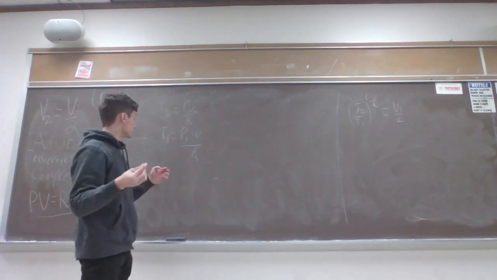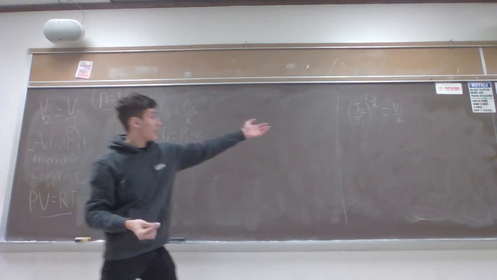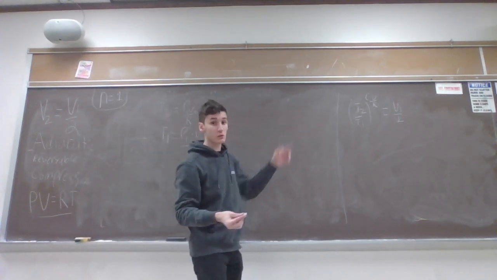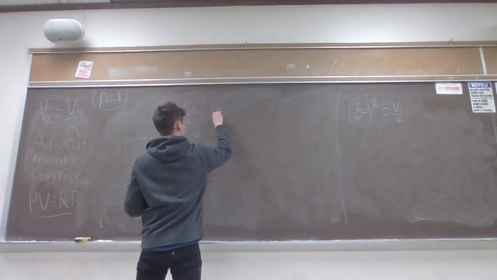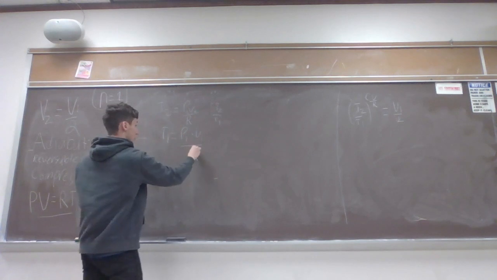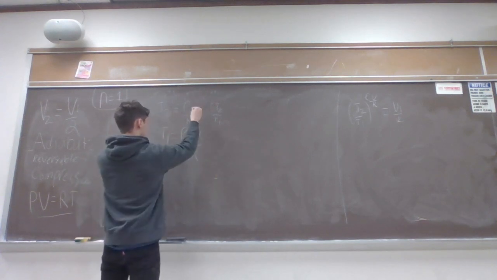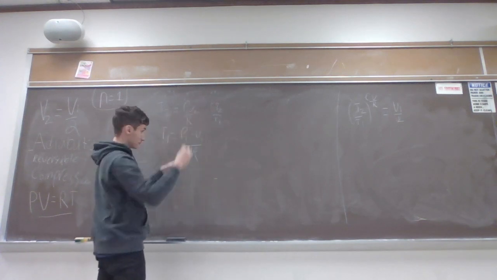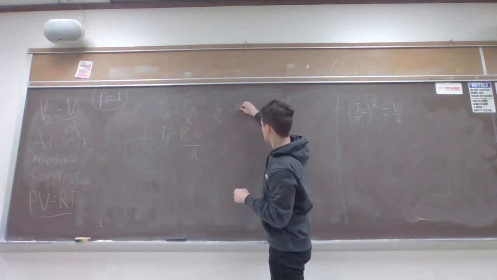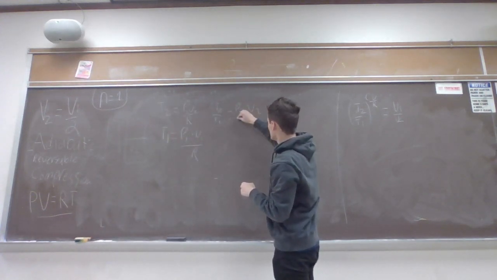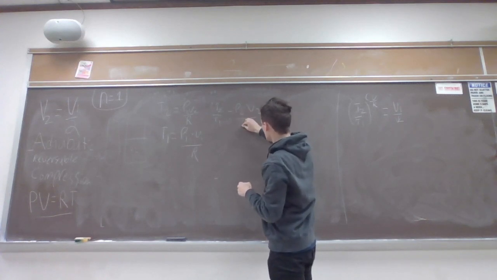Something that's important to look at is what we have over here is T2 over T1. And if we were to do that over here, T2 over T1, the R would cancel. They would flip up and cancel, which would leave us with P2 multiplied by V2 over P1 multiplied by V1.